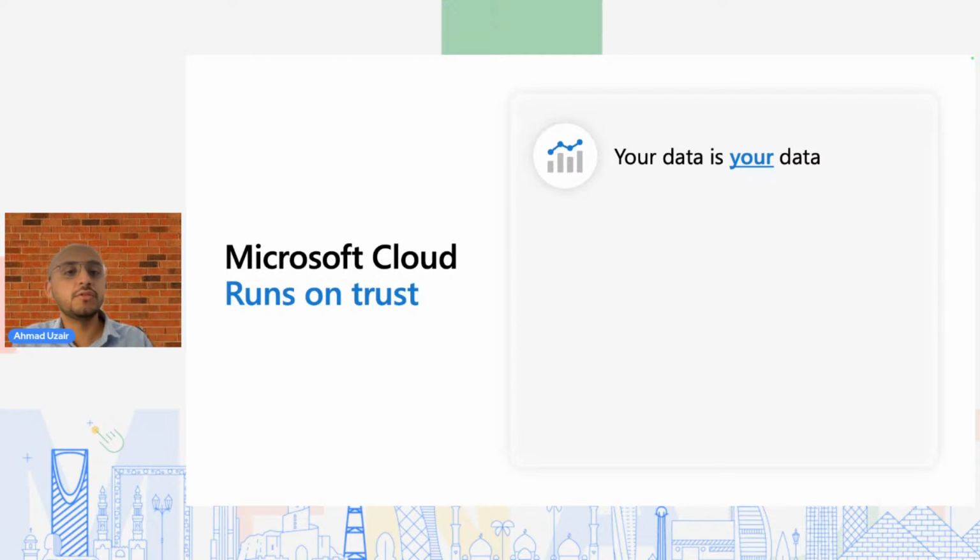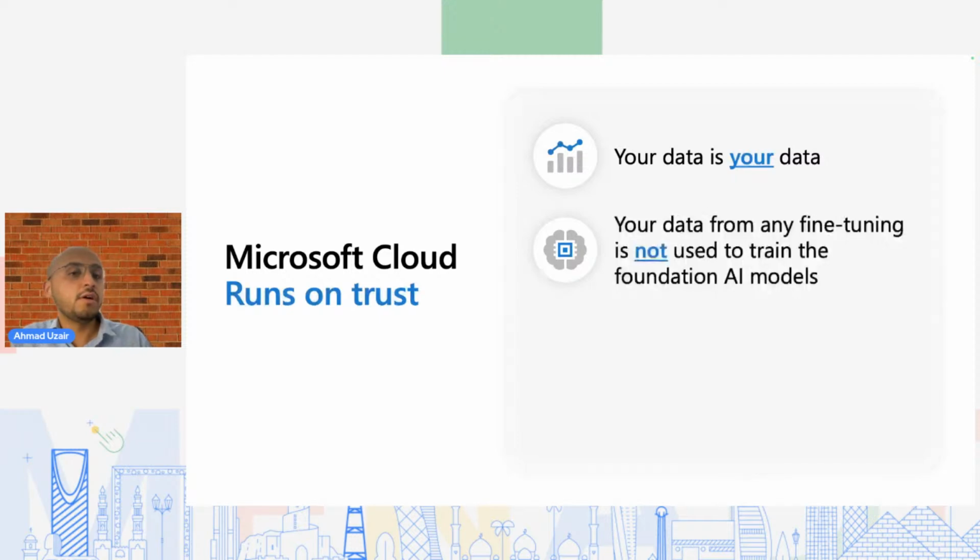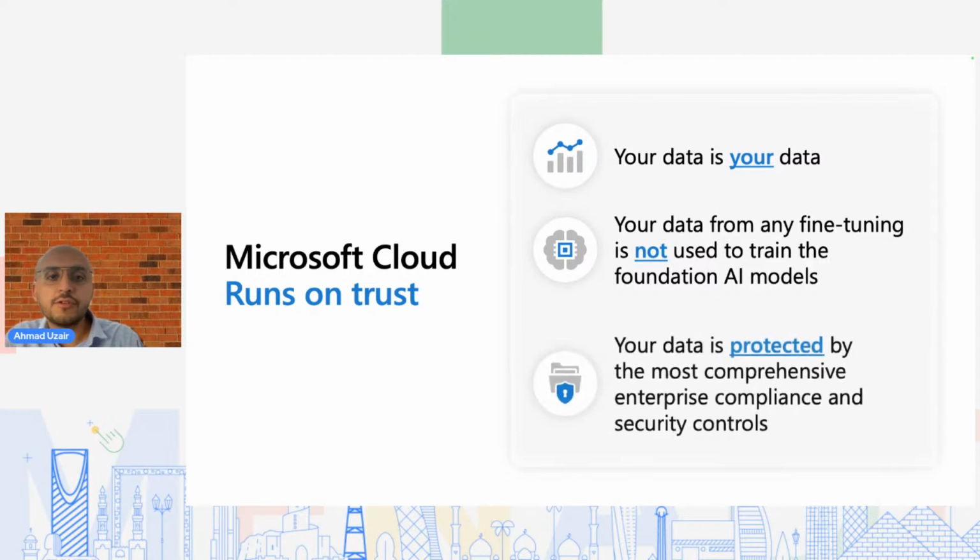It cannot use someone else's data to query yours, right? Your data from any fine tuning is not used to train any of the foundation models as well. Foundation models are trained on separate data altogether. And of course your data is protected as always with Microsoft Cloud, right?